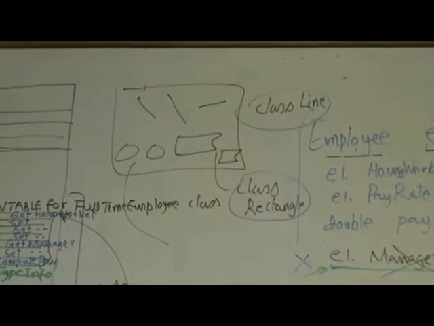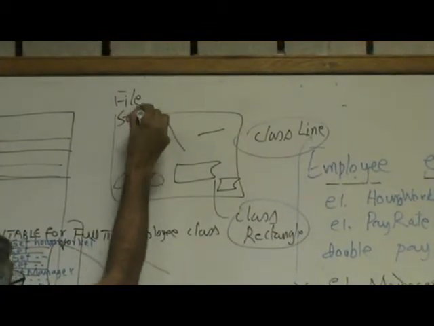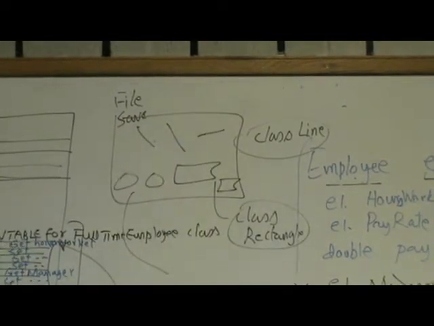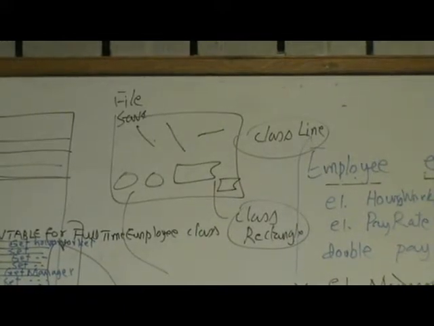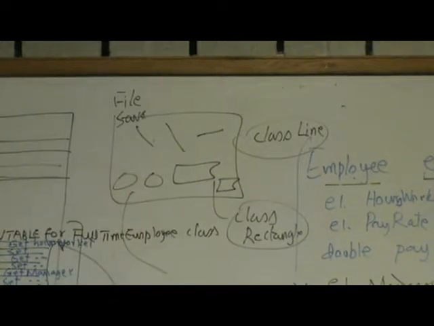If you have a menu over here, file, save, and suppose you have 3 lines over here, you will create an array of line objects, an array of rectangle objects, and an array of circle objects to save this.